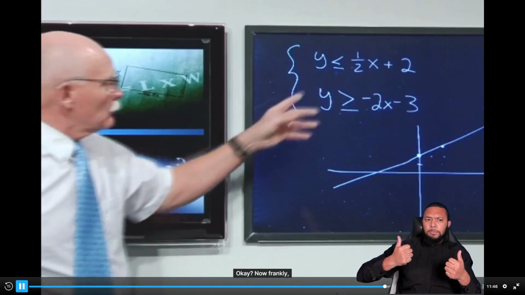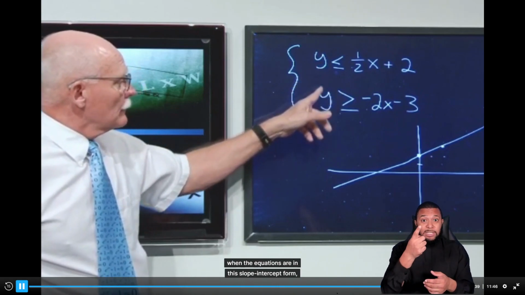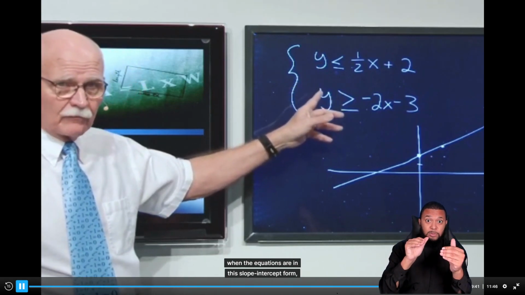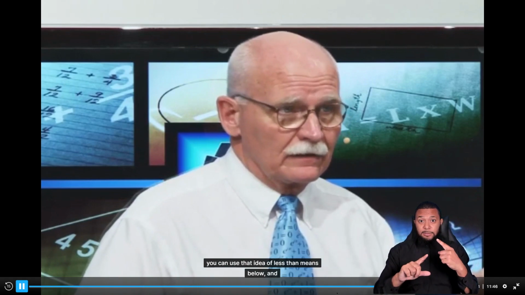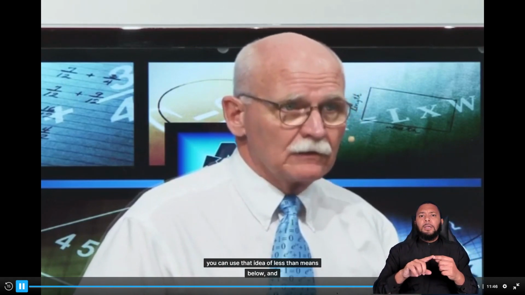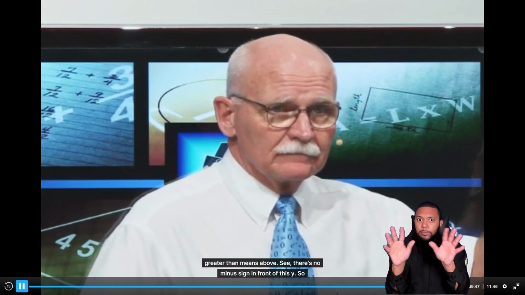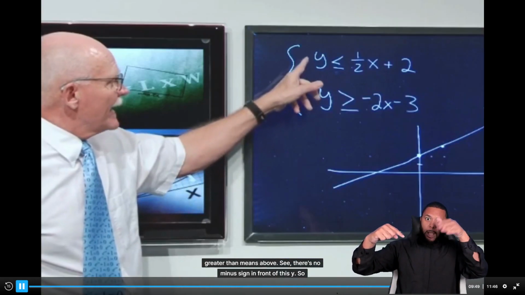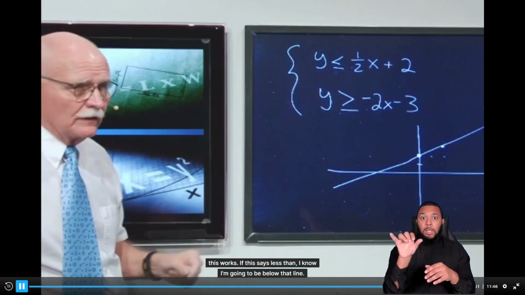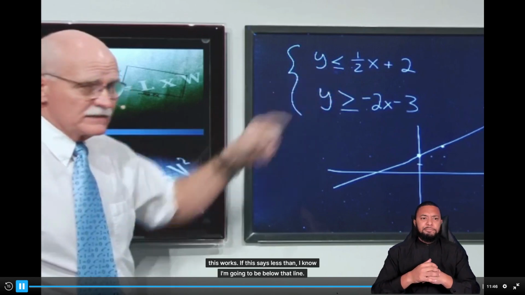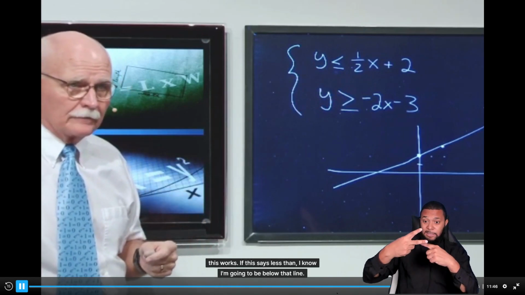And then we've got to decide which way to shade. Okay? Now, frankly, when the equations are in this slope-intercept form, you can use that idea of less than means below and greater than means above. Okay? See, there's no minus sign in front of this y. So this works. If this says less than, I know I'm going to be below that line.